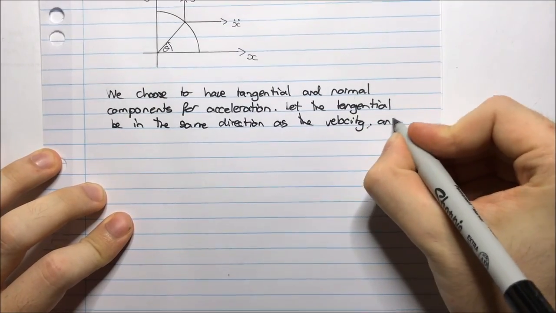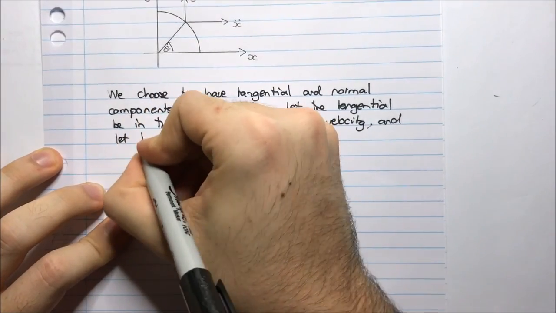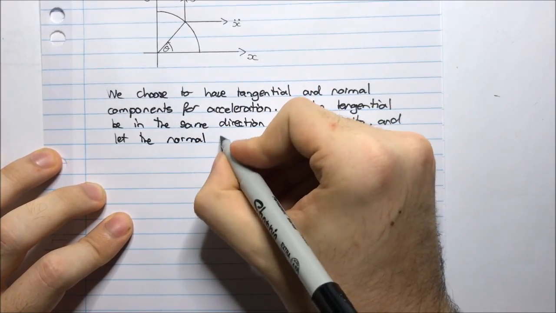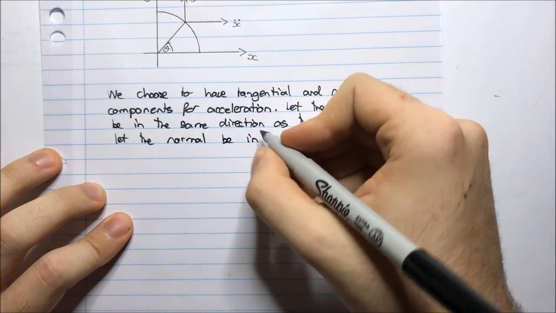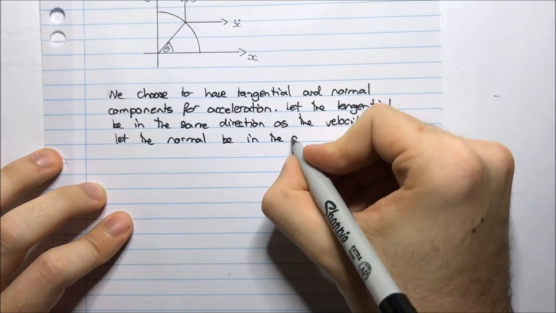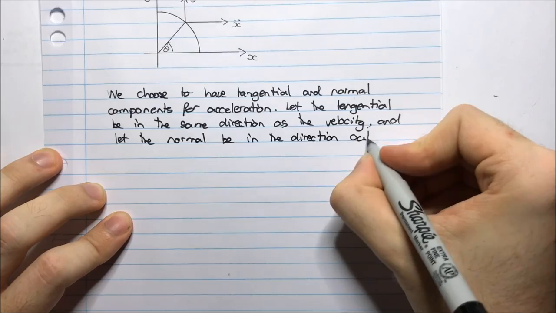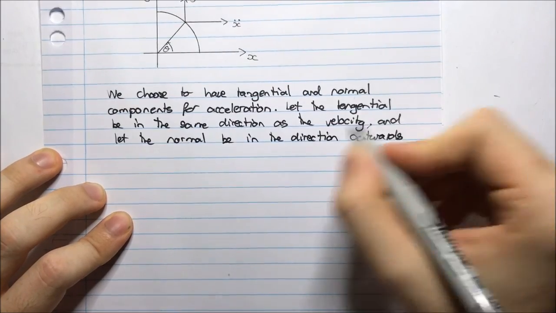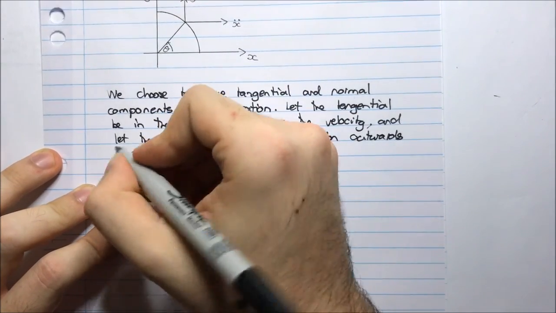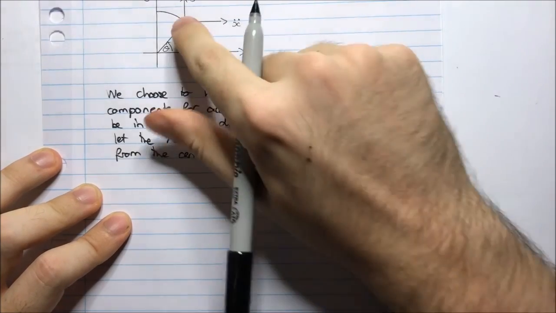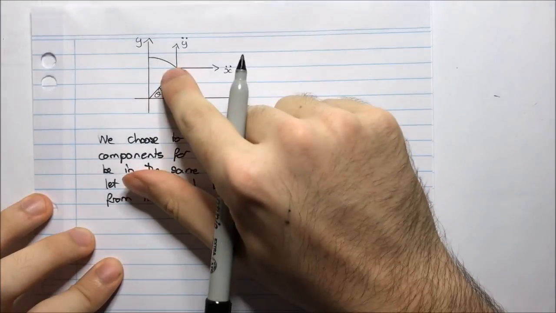And let the normal component, the normal, be in the direction outwards from the center. Outwards from the center. So it's going out this way. Let's move it out this way.